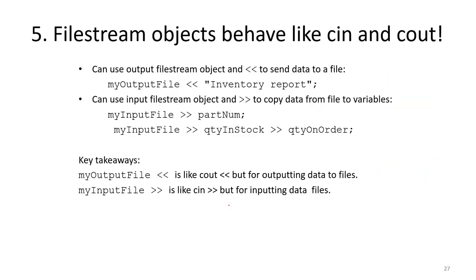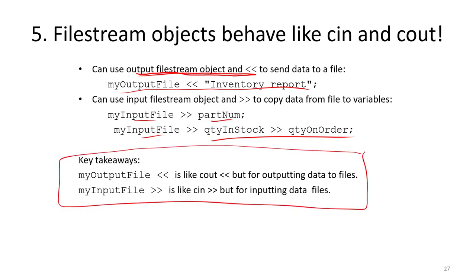The next thing we learned in our demo was that file stream objects behave like cin and cout. As we saw, we can use the output file stream object, just like cout, to send data to a file. We can also use the input file stream object in order to copy data from a file to our variables. This is an extremely important tool.